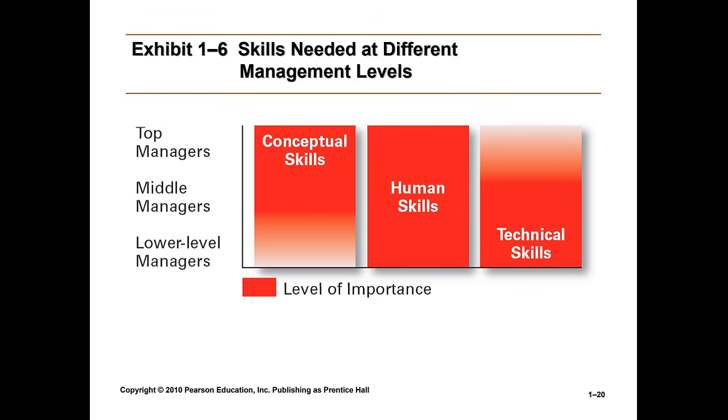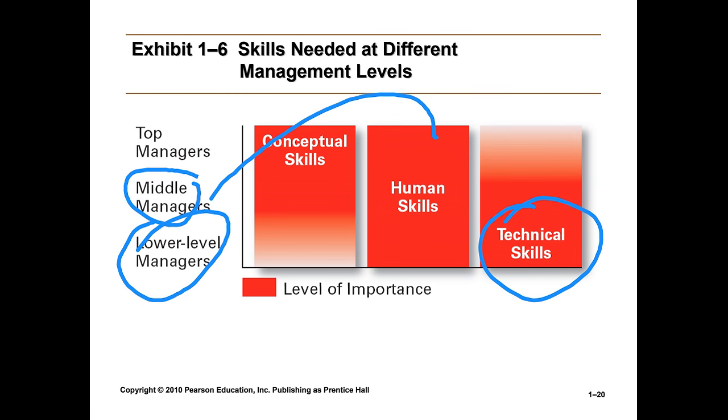This diagram over here is going to explain how these roles play. When you're entering a job as an engineer, you will need a high density of technical skills. But when you go to the middle management, which is here, you would need a high level of human resource skills.